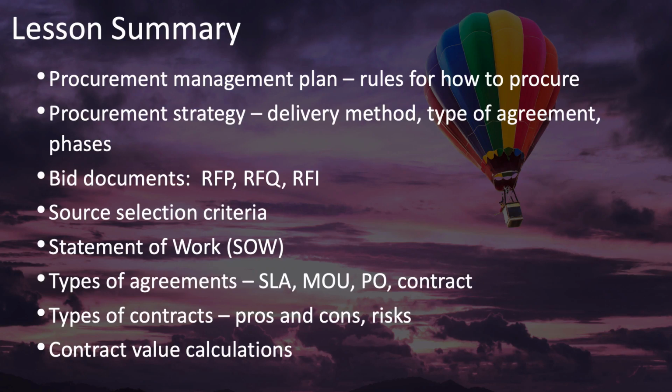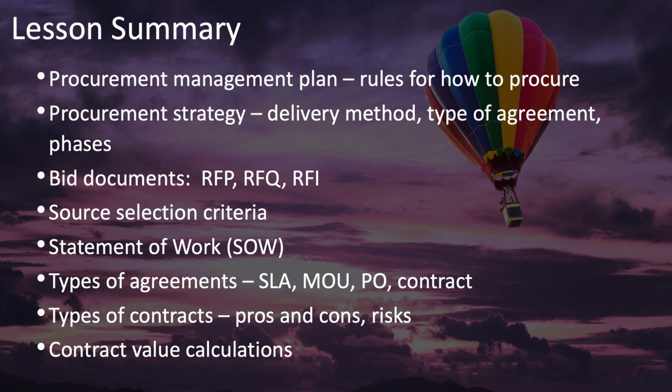The procurement strategy has three primary components: the delivery method, such as turnkey versus design build or design build operate and so on; the type of agreement, fixed bid, cost plus, or time and materials; and details of what the procurement phases are and how to move through these phases.